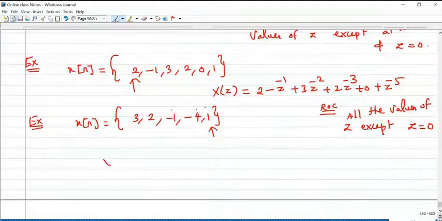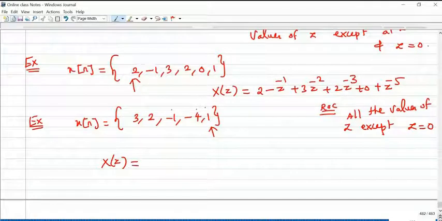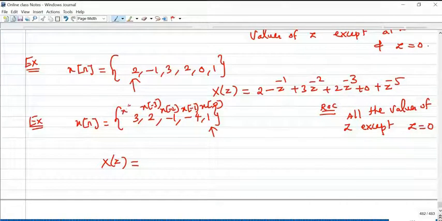Suppose a negative sequence is provided. For x of z, compare with the standard Z transform equation. This is x of 0, x of minus 1, x of minus 2, x of minus 3, x of minus 4.